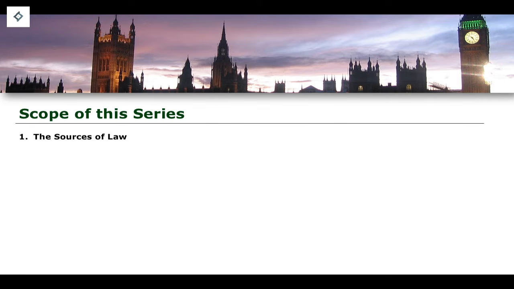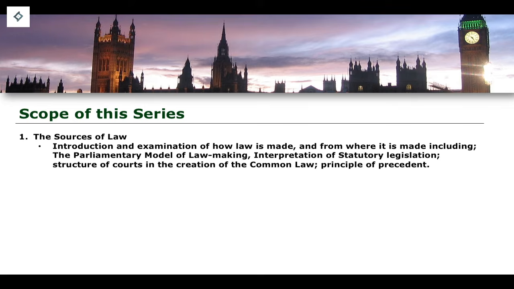So essentially, the first major topic in this series is going to look at the sources of law within England and Wales. This involves an introduction and an examination of how law is made, and where it is made from. So, including the ways in which lawmaking is done through the parliamentary model, i.e., how laws are passed in Parliament, and the interpretation of statutory legislation.